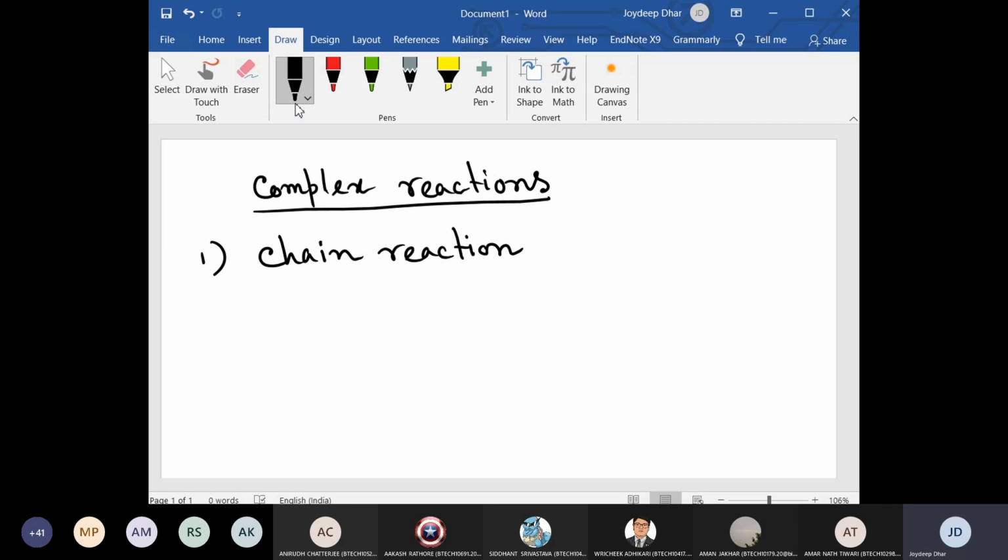Under chain reaction, we will see the HBr formation. Several reactions we can write come under the category of chain reaction, mostly free radical reactions, which follow the chain reaction mechanism.